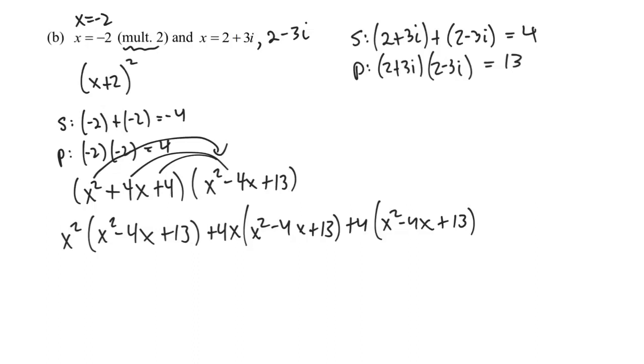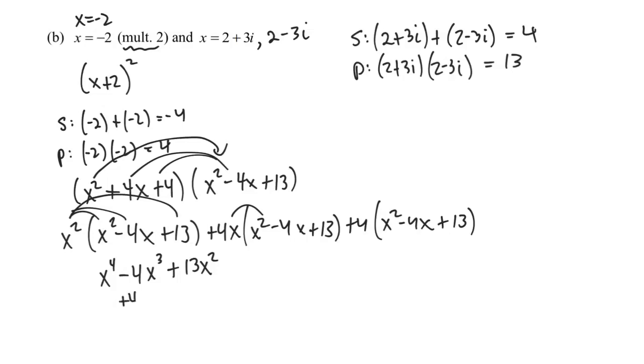And so here we go. I'm going to start multiplying out. So x squared times x squared is going to give me x to the 4th. X squared times negative 4x will be minus 4x cubed. And x squared times 13 will be positive 13x squared. Okay, I'm ready to go on to the middle term now. 4x times x squared is going to be 4x cubed.